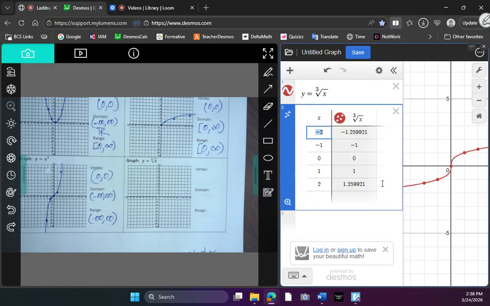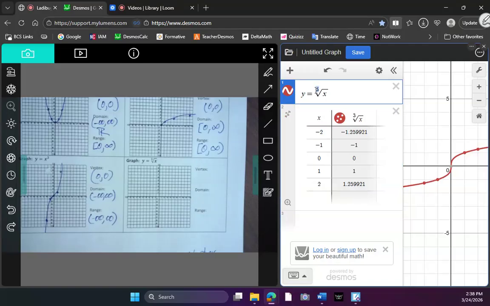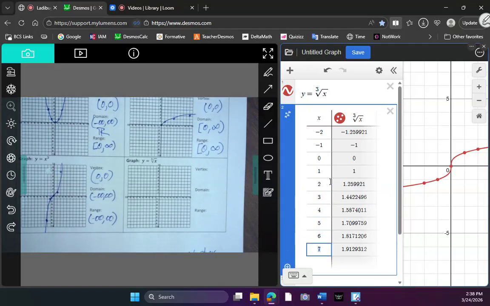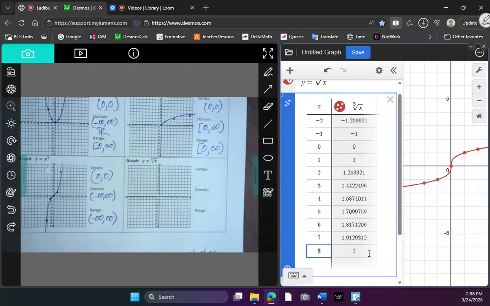And really what we're asking about this root is what number times itself 3 times gives us, let's say, 8. 2 times 2 is 4, times 2 is 8. So 2 times itself 3 times is 8. So the cubed root of 8 is 2. That is what is happening there.